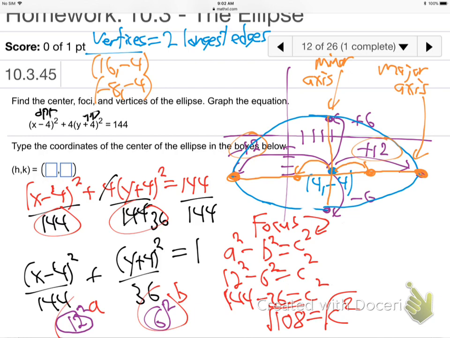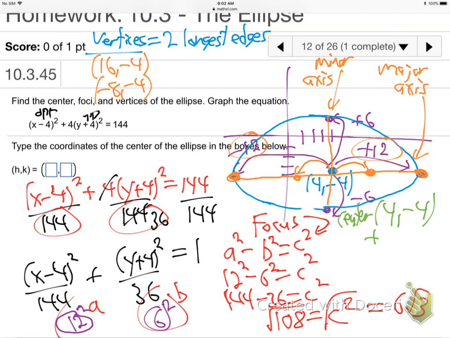All right. So this is 6 root 3, the root of 108. So now, why did we do all that? Well, that's how far the focus points are from the center. So I, again, have to go back to the center point. So the center, what was the center? 4, negative 4, that's the center.